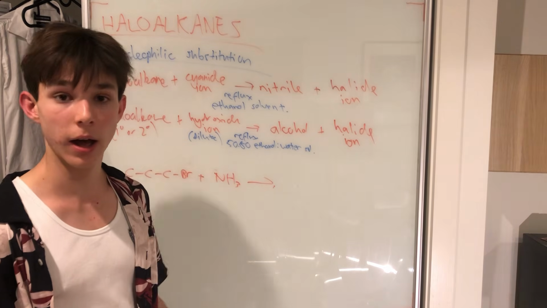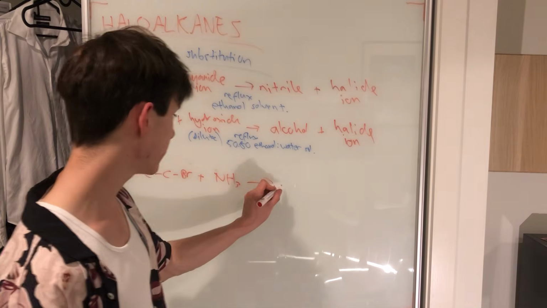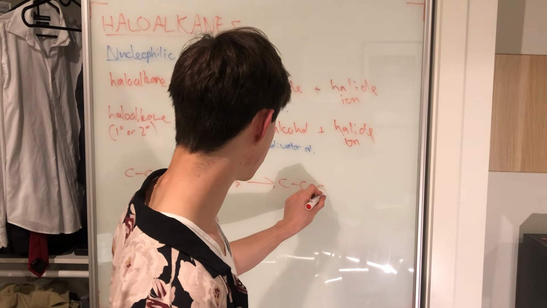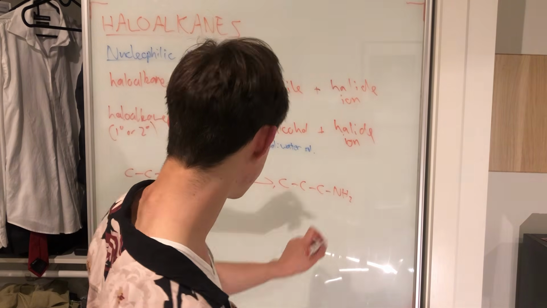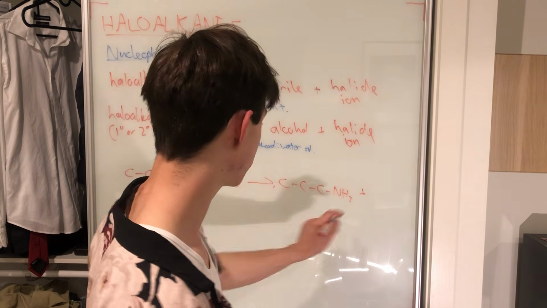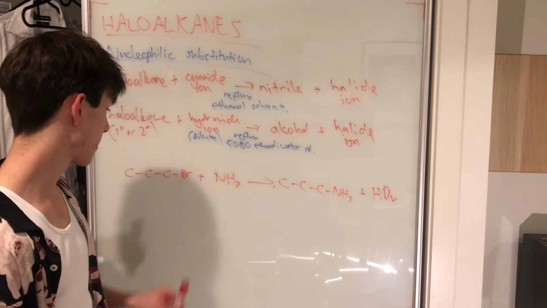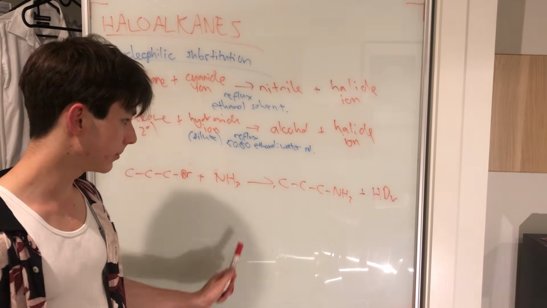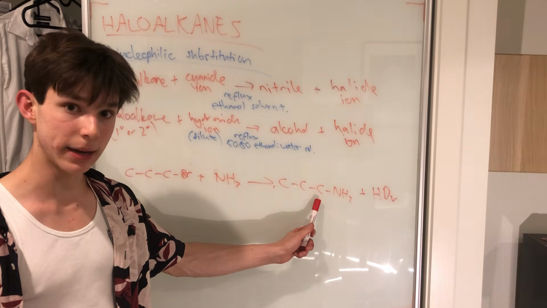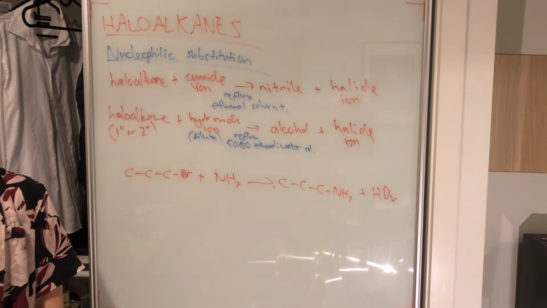So we get a hydrogen halide, hydrogen bromide. So if I write that out, it's CCCNH2, nitrogen forming 3 bonds, great, plus the leftover hydrogen, HBr. Haloalkane plus ammonia gives amine plus hydrogen bromide.